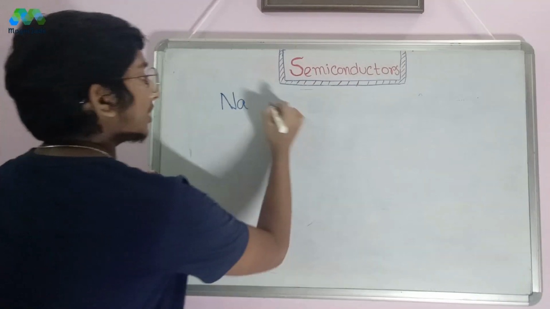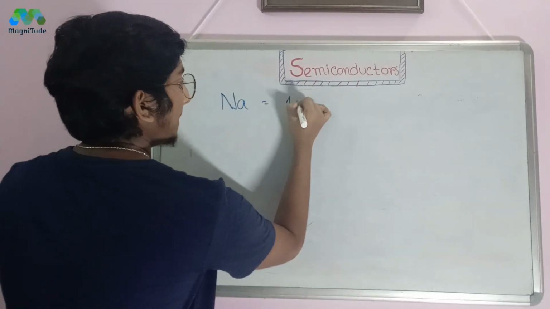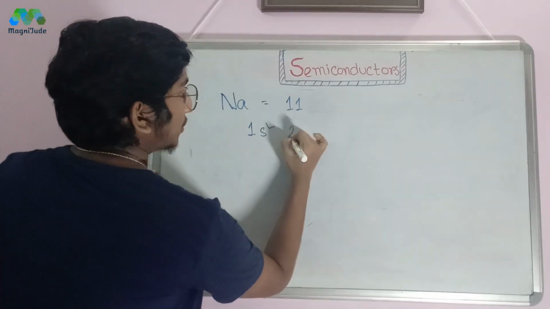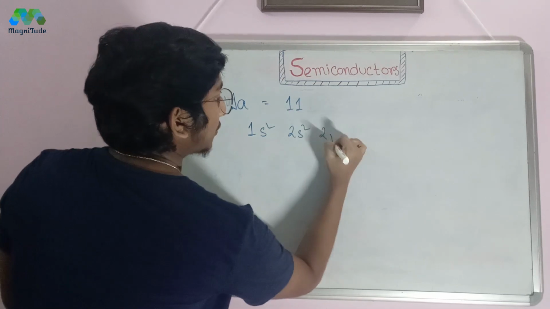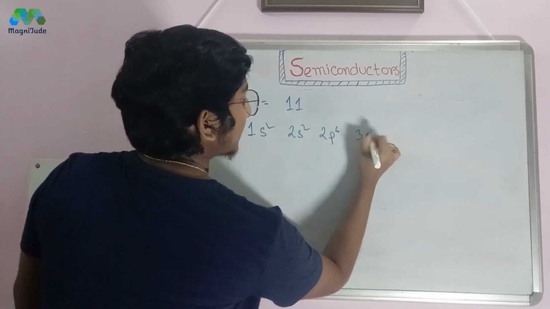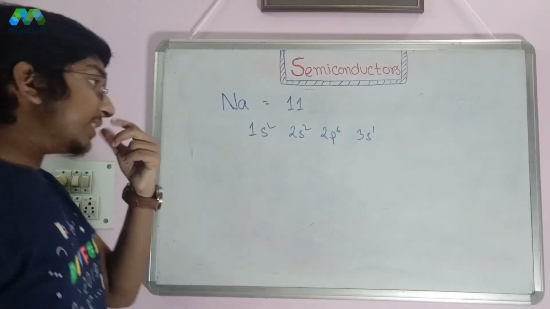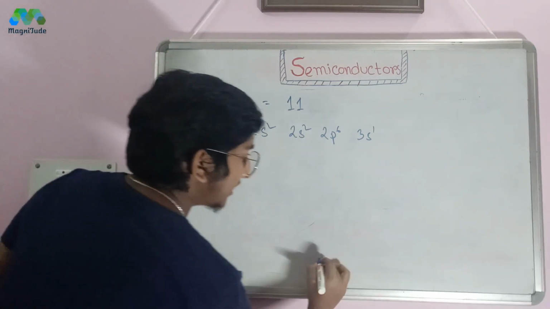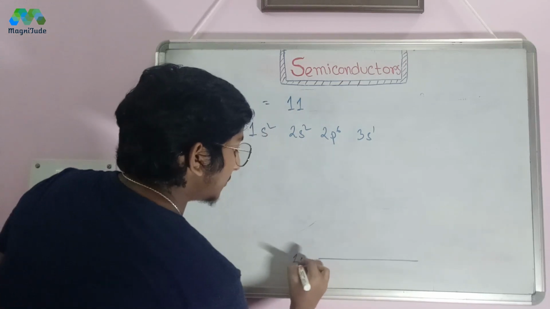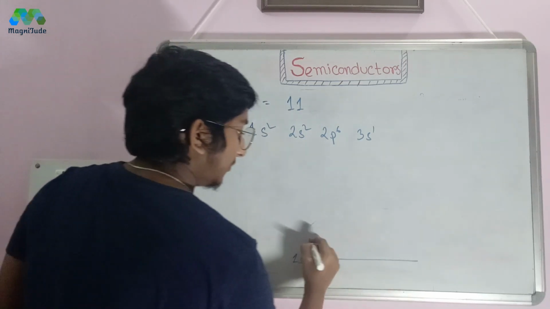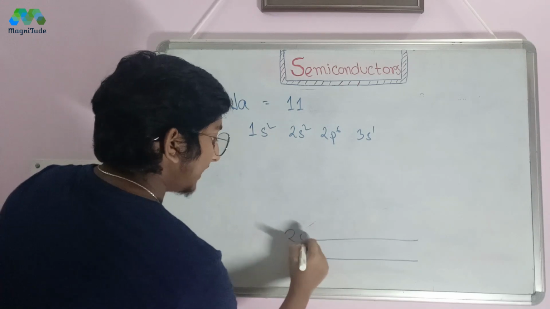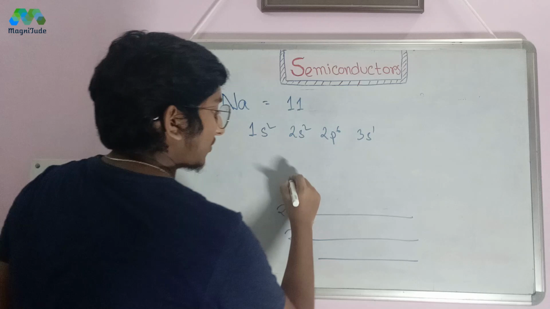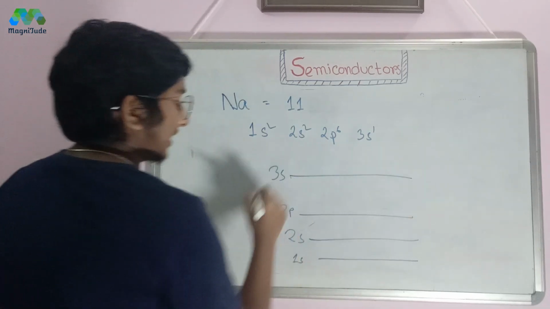The atomic number of sodium is 11, so the electronic configuration is 1s2, 2s2, 2p6, 3s1. We can draw this as a 1s line, a 2s line, a 2p line, and a 3s line.